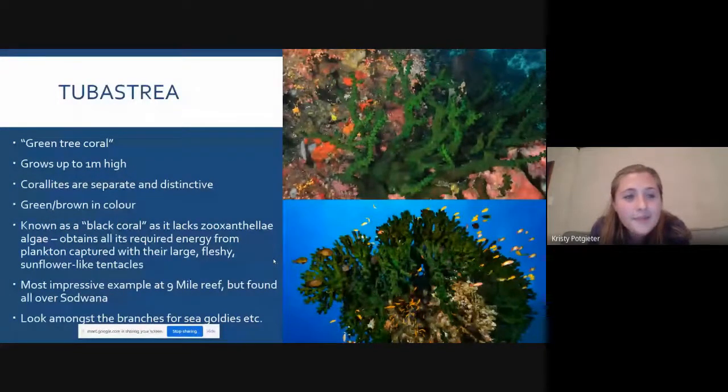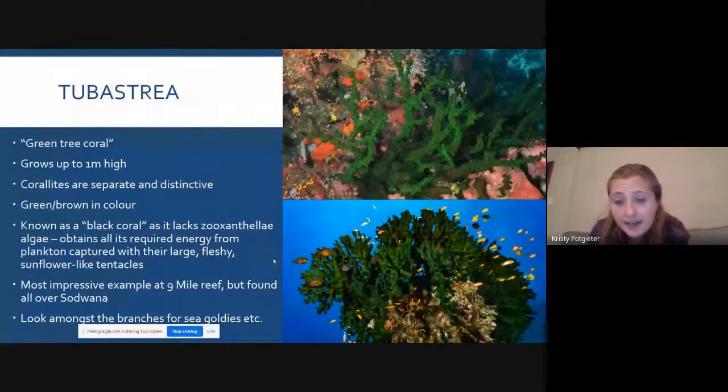The cool thing about the green tree coral is it's actually called a black coral. Now you're probably telling me that it's green or brown in color. I know that. The coral is called a black coral because it doesn't have any zooxanthellae. So this is one of our corals that does not have any of that symbiotic zooxanthellae in its tissues.